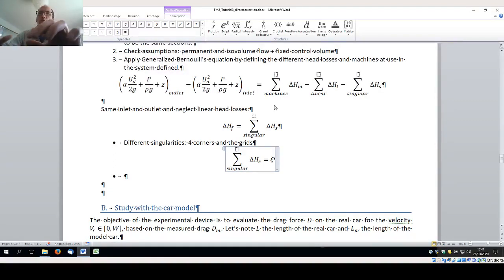If you remember, the general form of the singular head loss is the singular head loss coefficient multiplied by ud squared over 2g. So this is the general form of the singular head losses. You have the coefficient and you multiply by the flow rate velocity here.